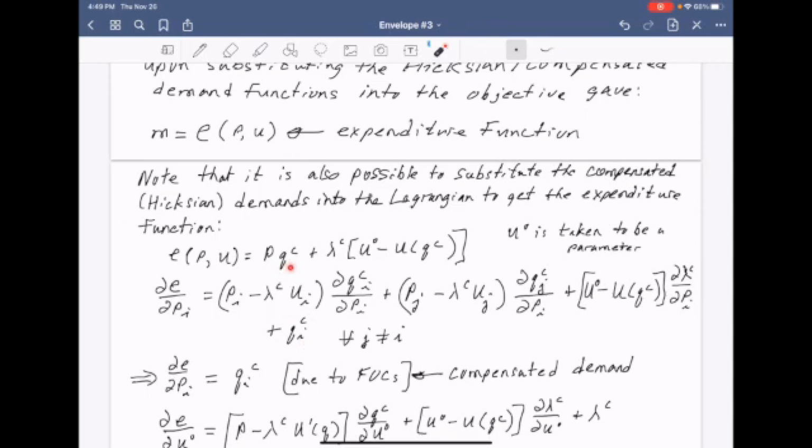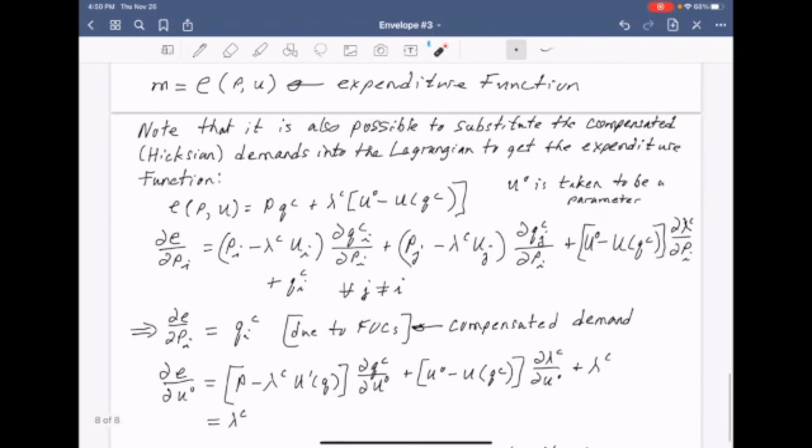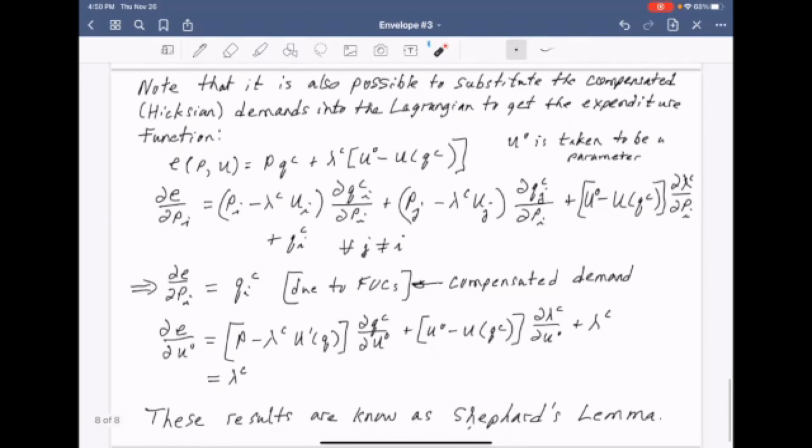When we take the derivative of this little component, we get just the QC back. So if we take the partial derivative of the expenditure function with regard to any price, we get the Hicksian or compensated demand function back from that expenditure function, due to those first order conditions.